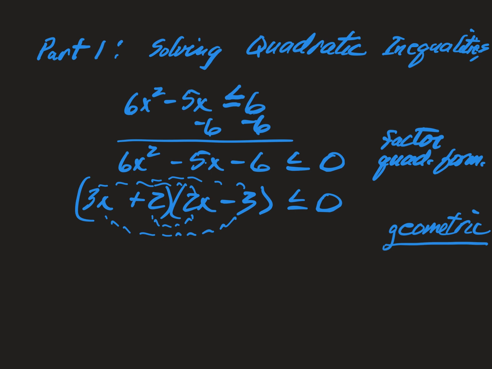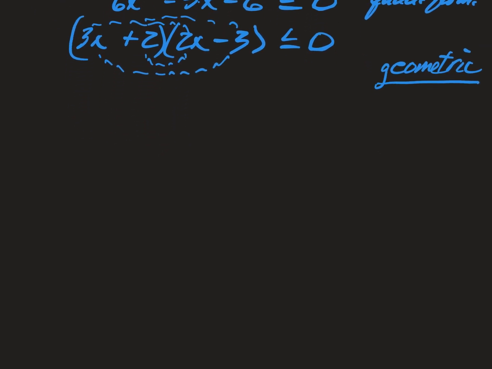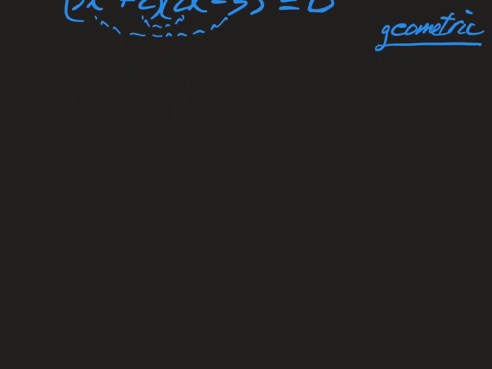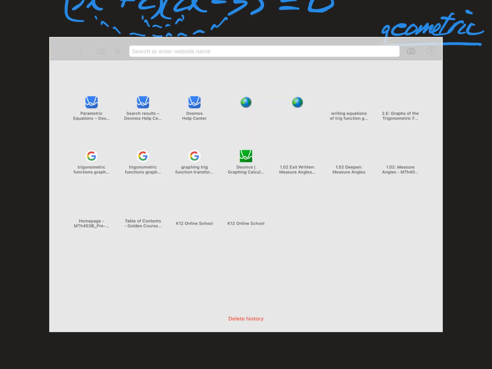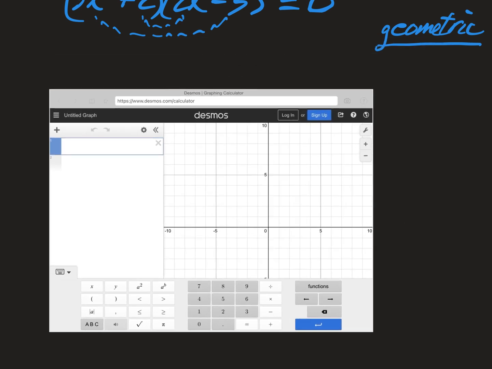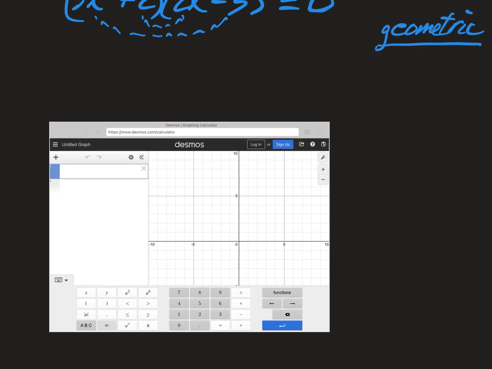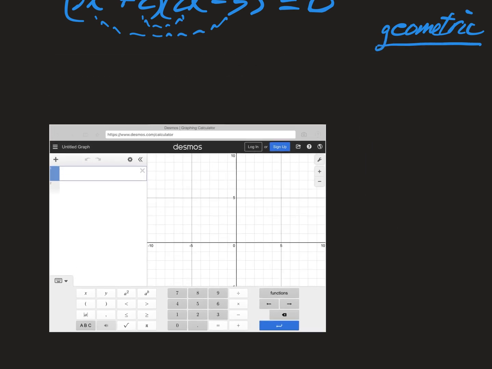So what you're saying is 6x squared minus 5x is less than or equal to 6. So what does that really mean? So let's do a little Desmos moment, all right? Go to the browser. Let me shrink it down a little so we have some room to finish solving.